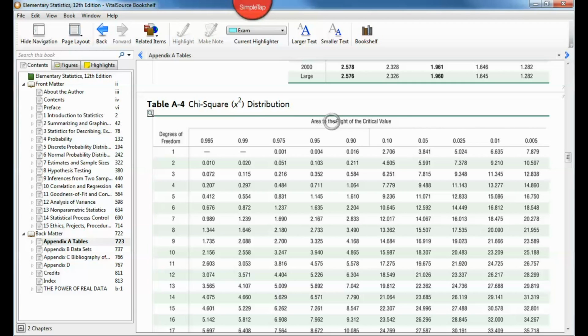Notice up here it says area to the right of the critical value. That's not really what we're used to with the z-score chart. We had areas that were cumulative from left to right. These areas that we're given are the area to the right of the critical value. Very important. Area to the right of the critical value. So what does that mean?